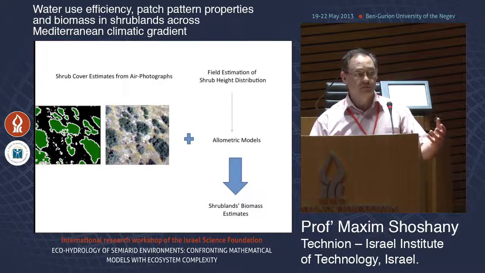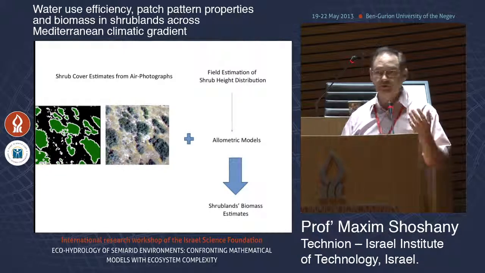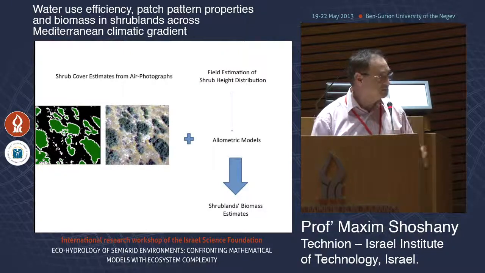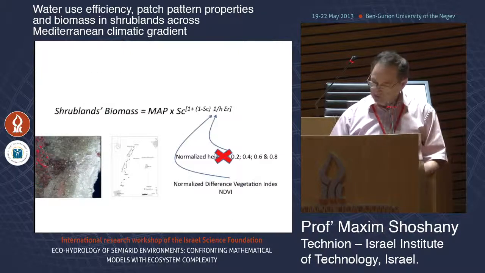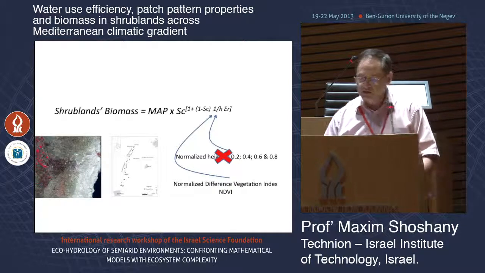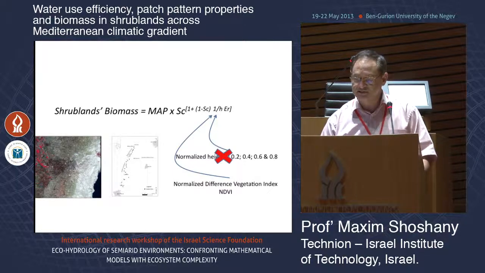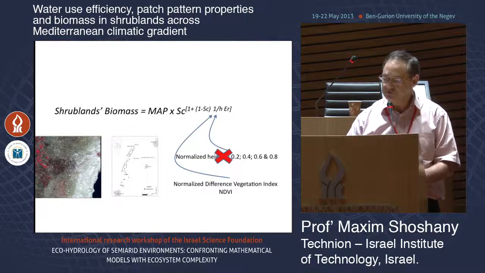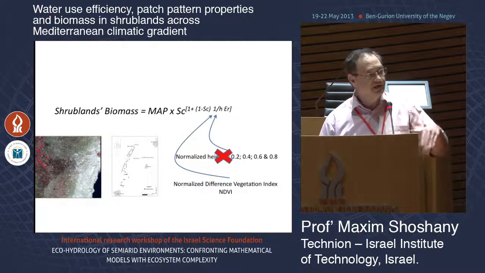So from the air photography we have the pattern water use efficiency, we have the biomass from the allometric measurements for the same sites. And now we can assess those relationships.